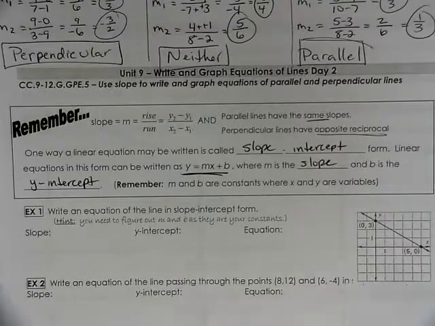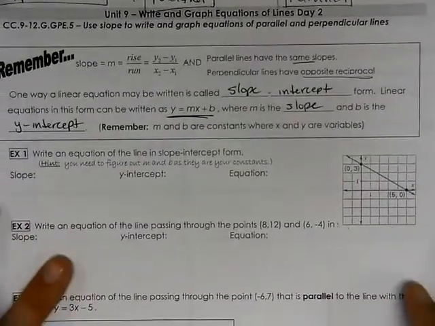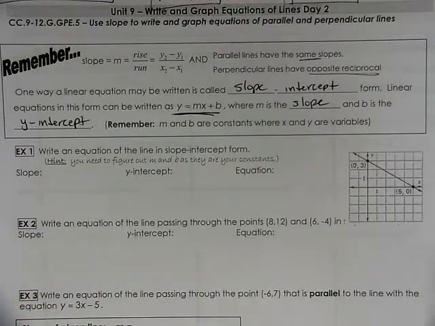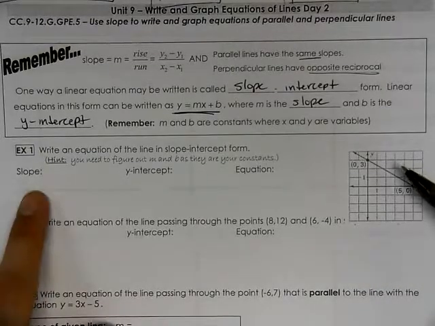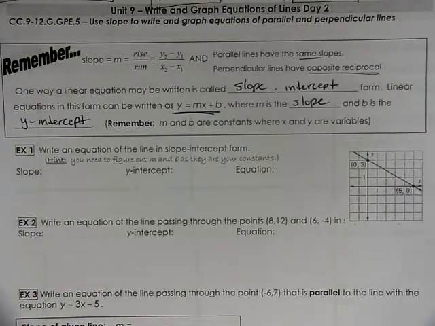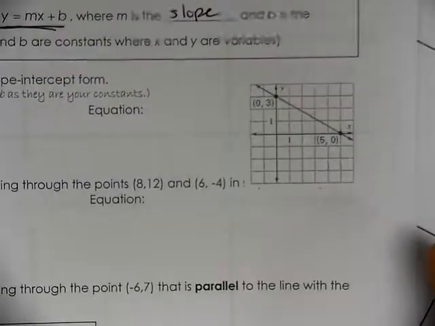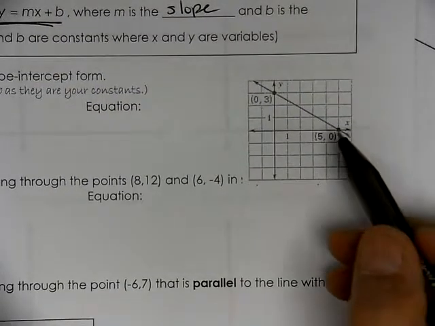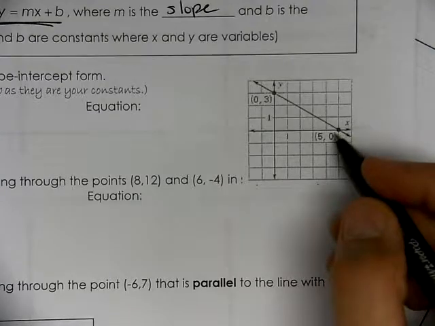So, first thing we're going to look at is how do you write the equation with a graph? In this graph, what's the slope by looking at it? Think about how far down do I go.